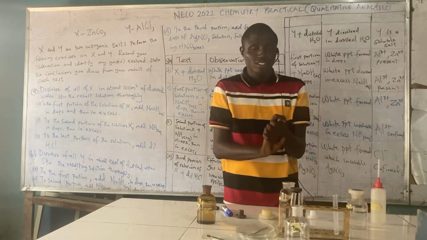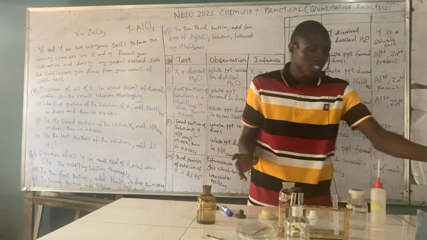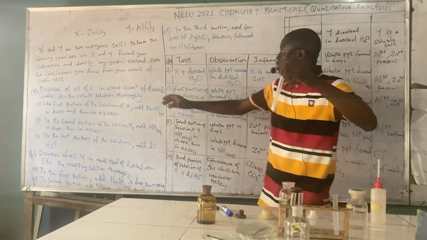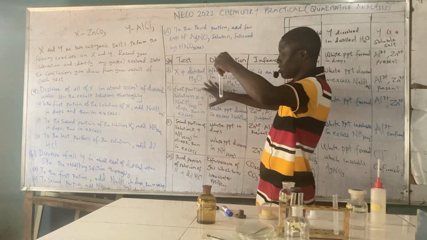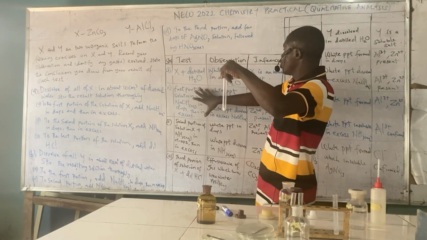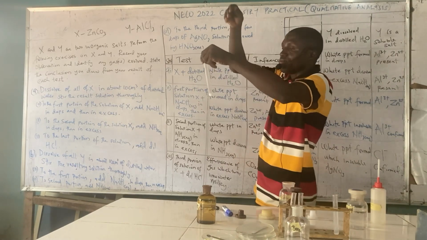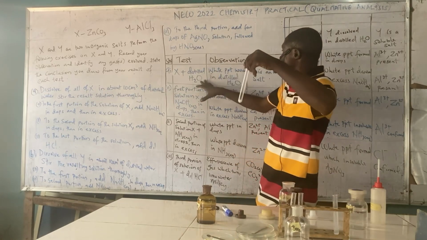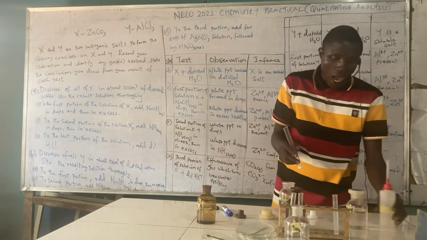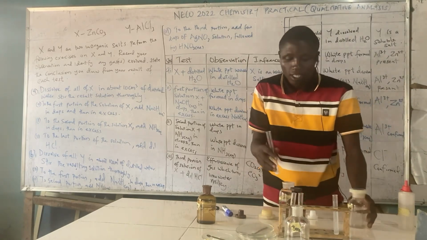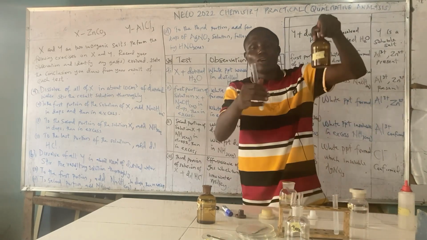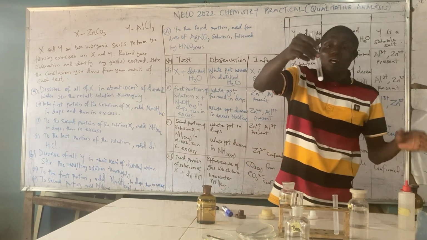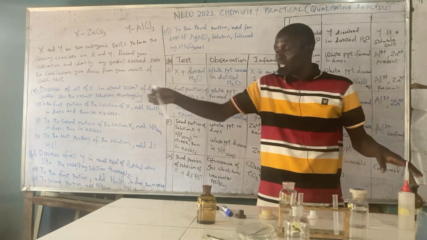Another way is that they may ask you, after dissolving X in water, to add HCl, which causes evaporation, and from that resulting solution, they might ask you to divide it into several portions.